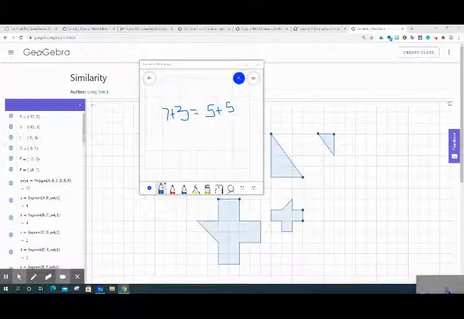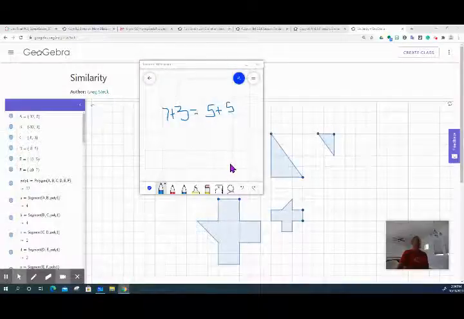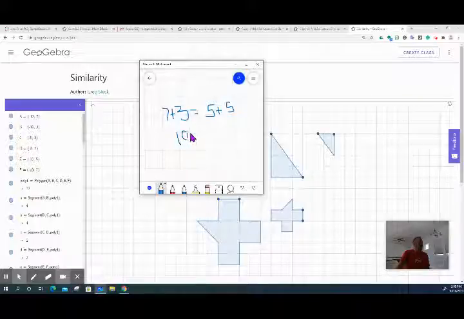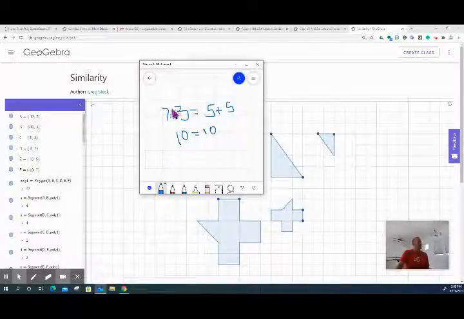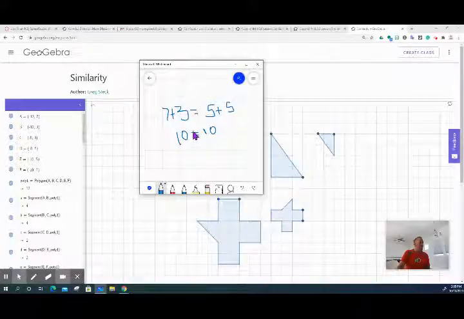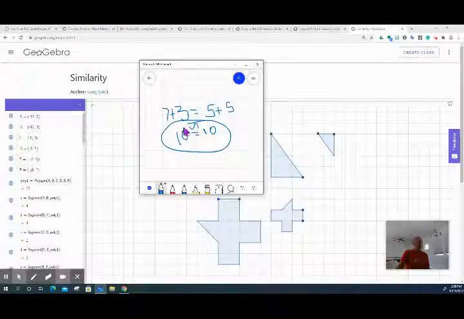However, it's not completely congruent because 7 is not the same thing as 5 and 3 is not the same thing as 5. But I do know that 10 is equal to 10. So is it congruent? The answer is no, but 10 equals 10 would be considered exactly the same.